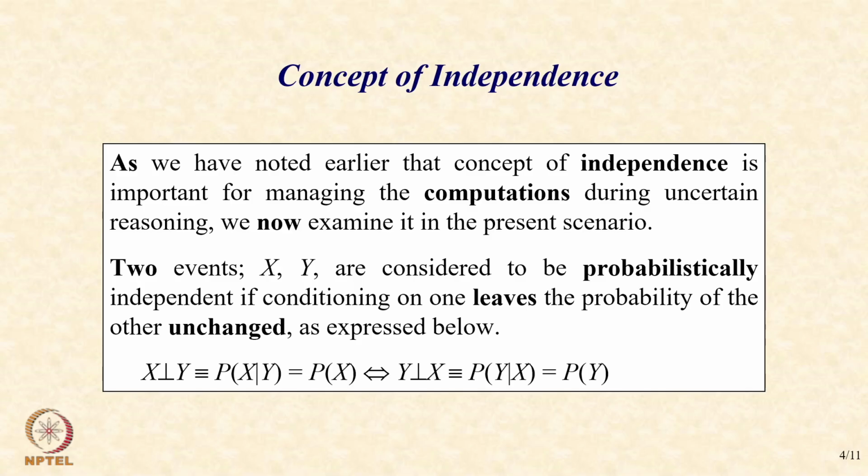That is equivalent to the conditional probability of x with respect to y is same as the probability of x itself, which means even if I bring in the event y, the probability of x does not change. And this is a bidirectional relation. So, we say that if x is orthogonal to y, the converse is also true, that y is orthogonal to x, so that probability of y in the presence of event x also remains unchanged as probability of y.